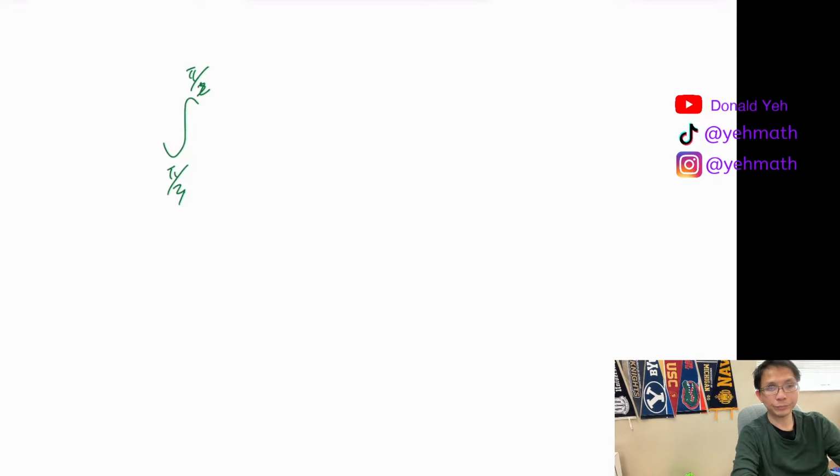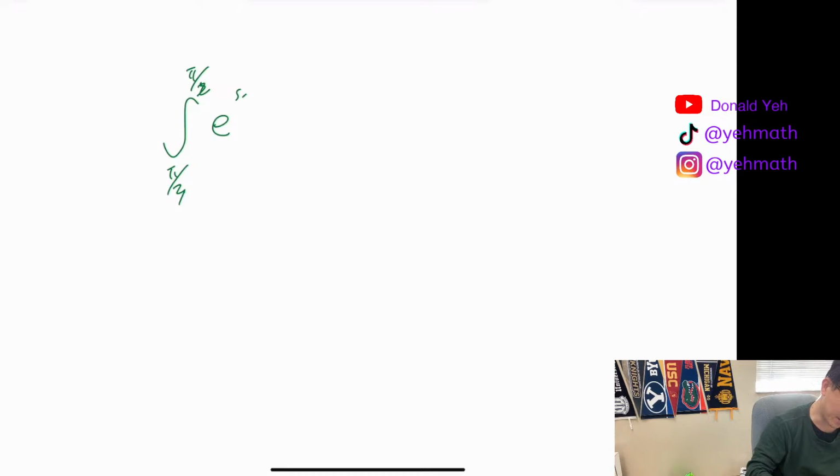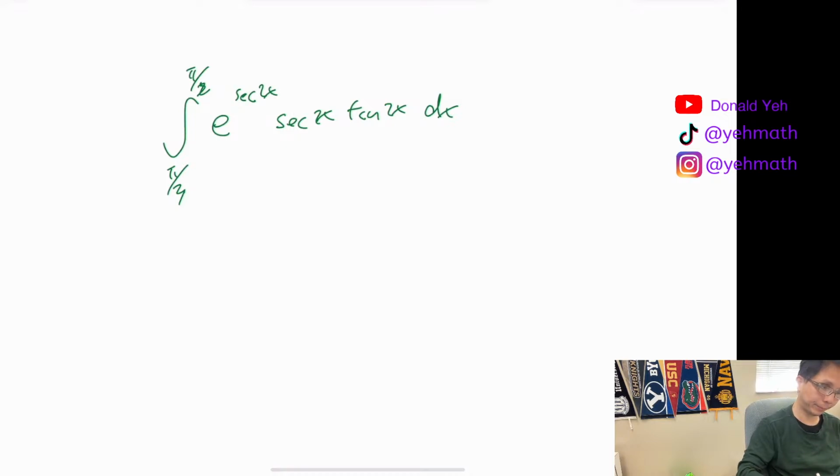It's e to the power secant 2x. Oh yeah, this is fun. What would you want u equal to here? Secant 2x. Yeah. Because du equals secant 2x, tangent 2x.